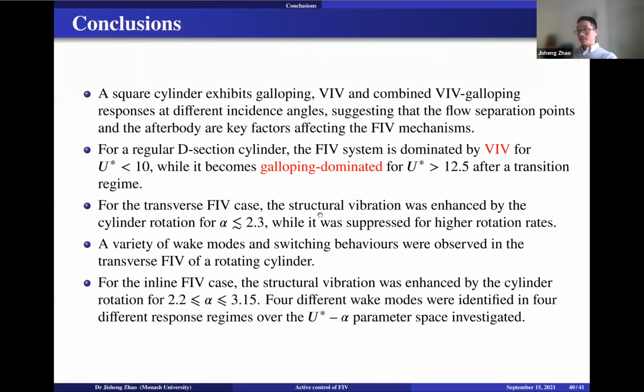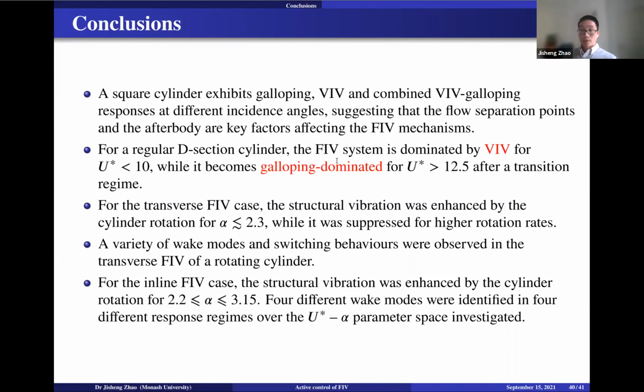Okay, I think this is my talk. We looked at the FIV of a square cylinder. Sorry, I didn't present the summary section. There was a transition from galloping to VIV in terms of the angle of attack, which means the body shape is important, and also when we change it, the axial symmetry is important.